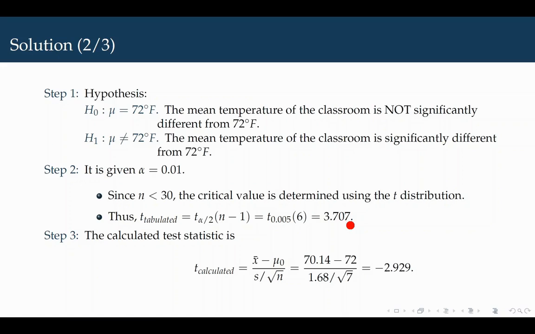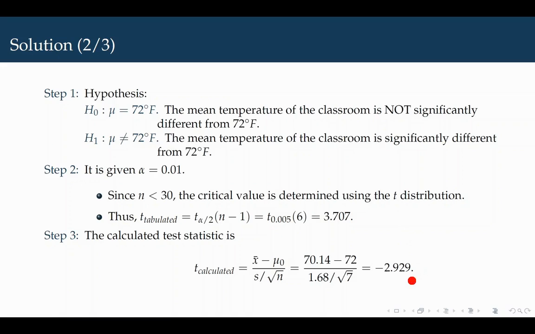And again, we have to obtain the calculated value of the test statistic, which is obtained as x bar minus mu naught over s over root n. So this calculated value becomes minus 2.929. Now here we have the tabulated value based on the theoretical t-distribution, and here we have the calculated value based on the data.